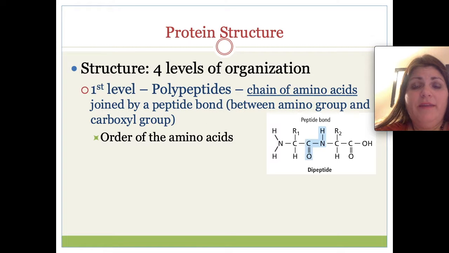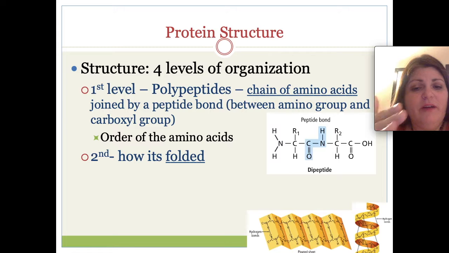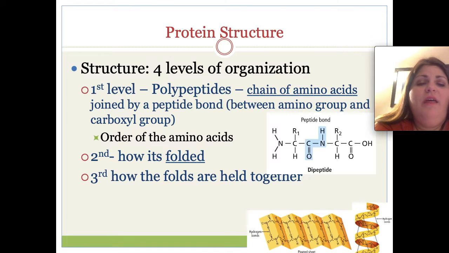That order of amino acids then determines how the protein, that big long chain of amino acids, folds up. Sometimes it folds in kind of accordion style, and other times it twists. They have special names. You don't need to know it. The third level is how the folds are held together.